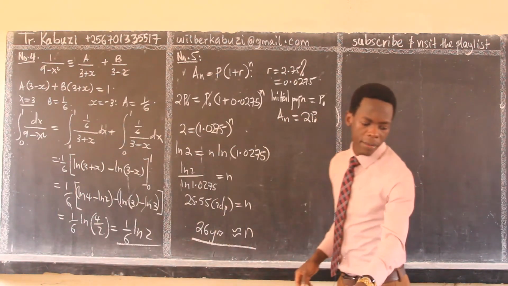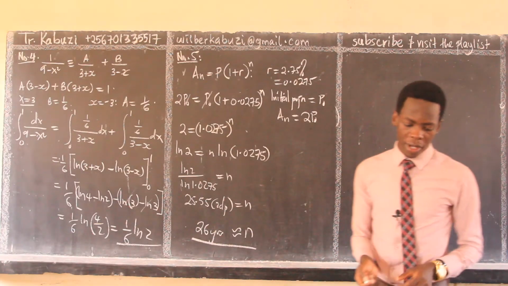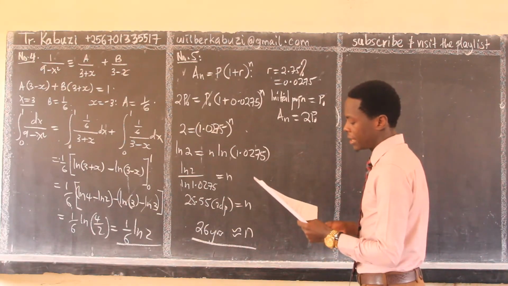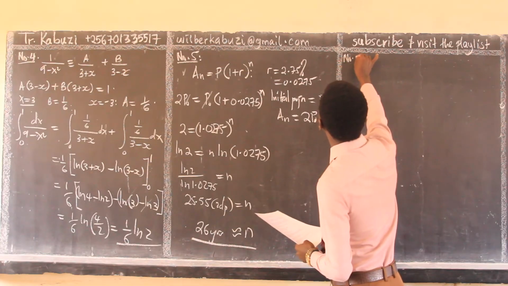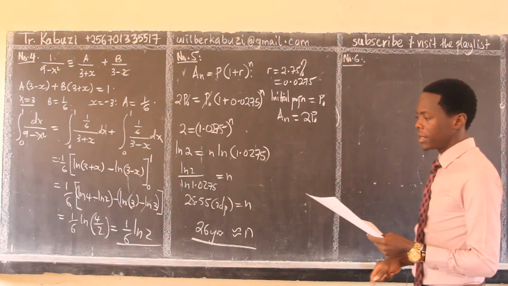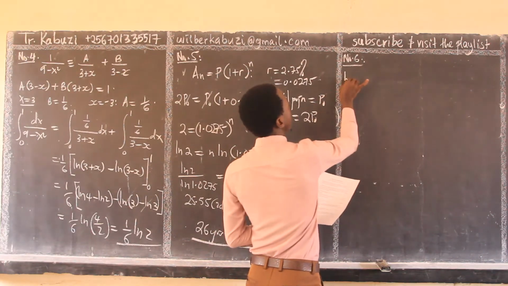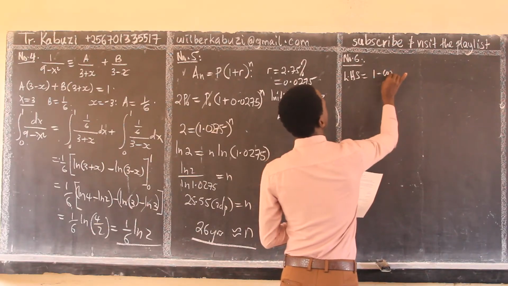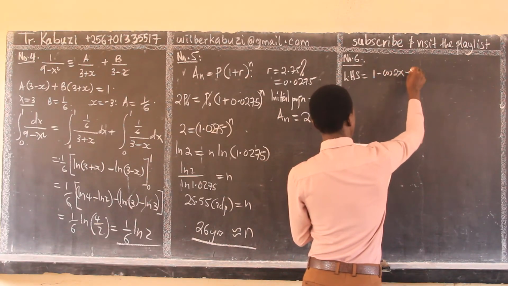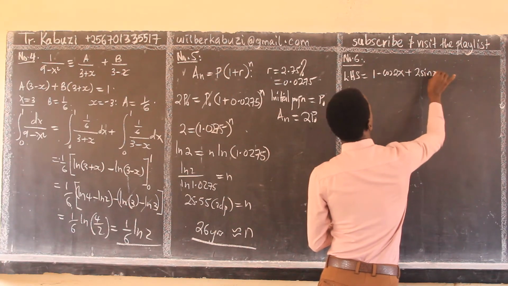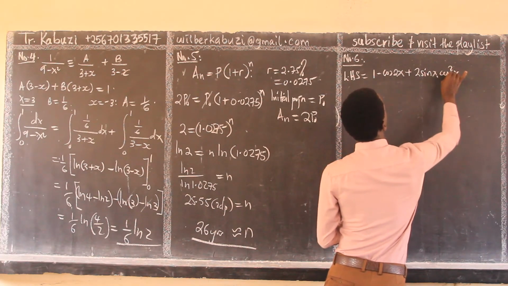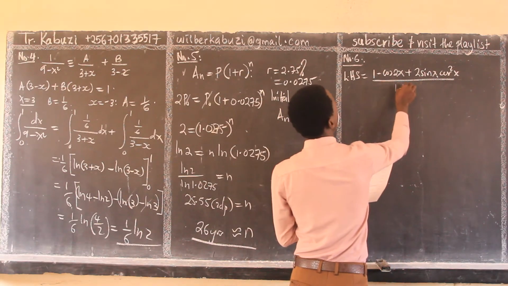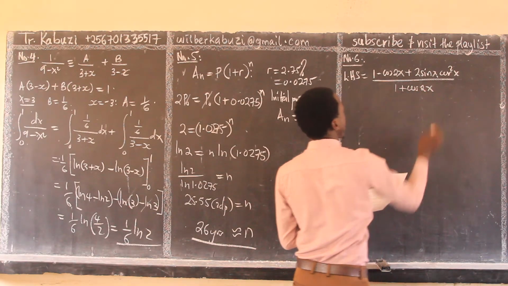Okay, from there we move to number 6, which was coming from trig. They want us to prove something there. So we start from the left hand side. So number 6, clearly you can see. Now my left hand side is going to be equaling to 1 minus cos 2x over 1 plus cos 2x.